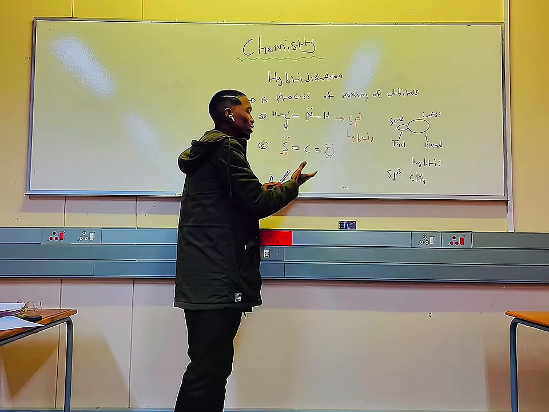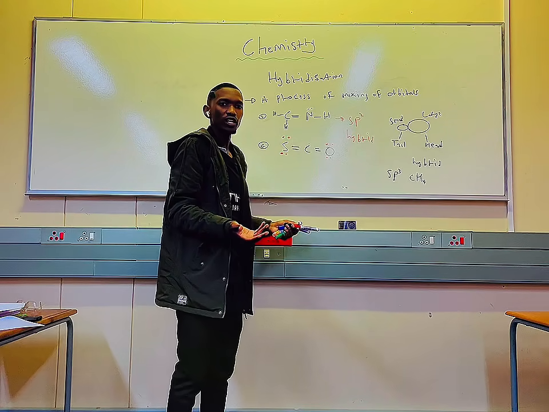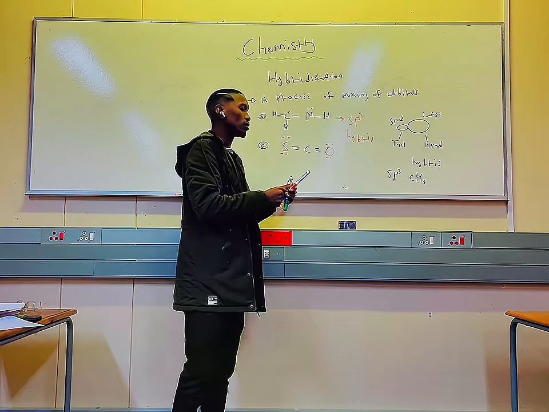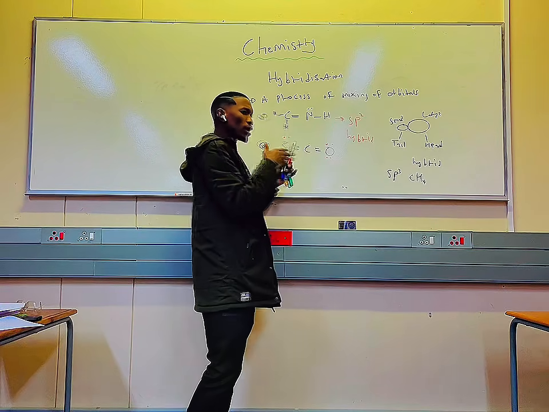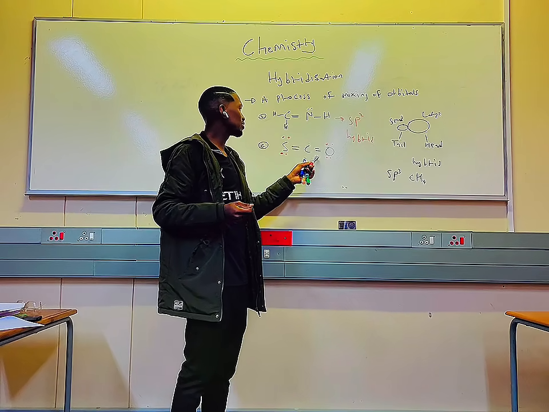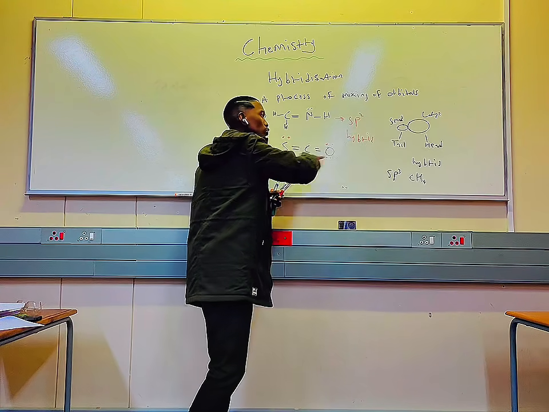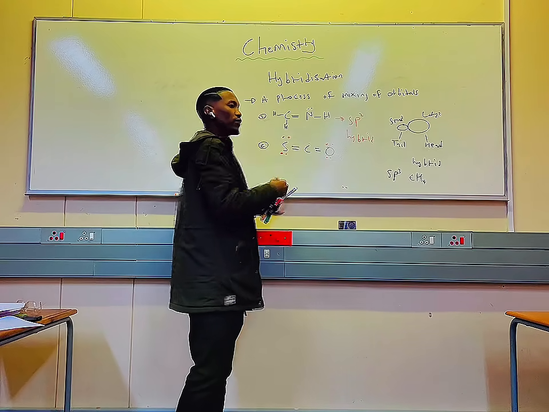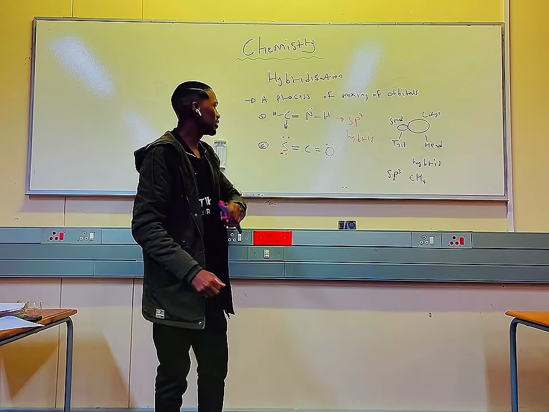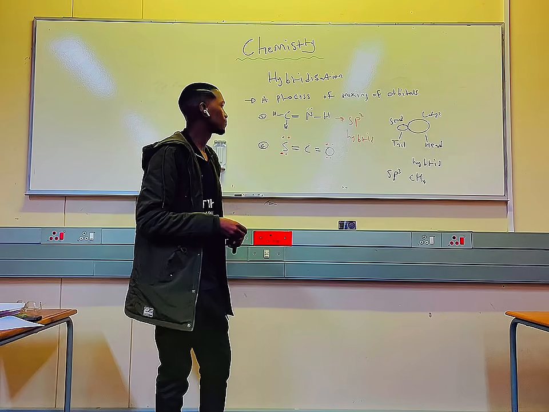So it makes this guy linear because it's going to be symmetrical, because there is equal sharing of electrons in a way. You get it? The dipole moment is 0. You can see it's 0 because that guy pulls to the right, and this one pulls to the left, then they cancel out at the end of the day. So it's symmetrical, it's a linear shape, which is 180 degrees.